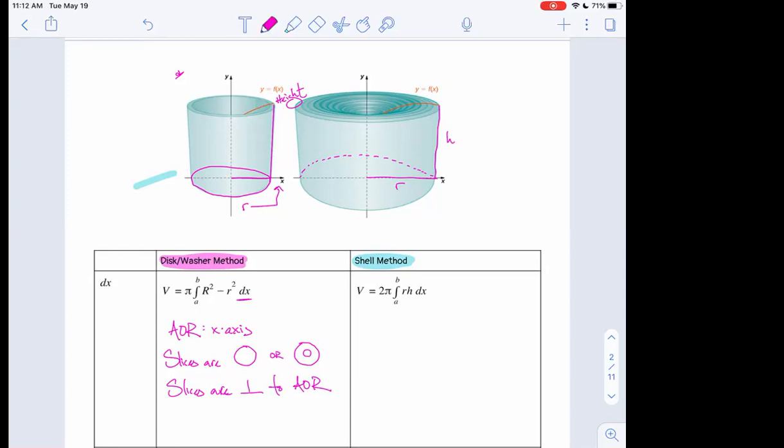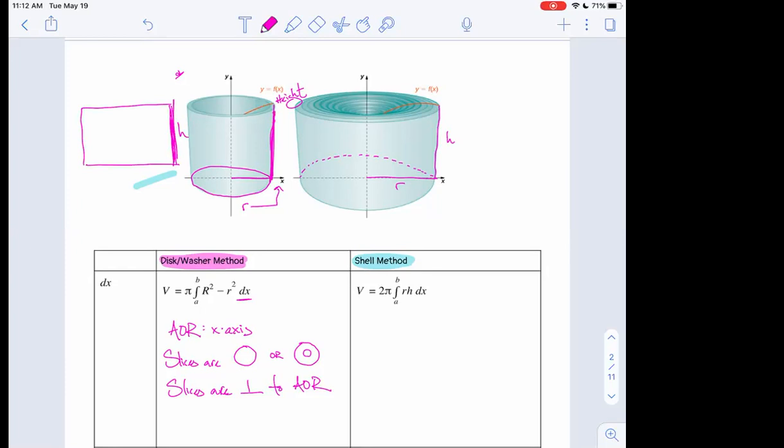So I'm going to draw a shell, but a shell that has been sliced and cut open so that we get a rectangle. So this particular shell, if I unraveled it, would give me a rectangle, right? And this part is this part. So that is the height of my cylinder.